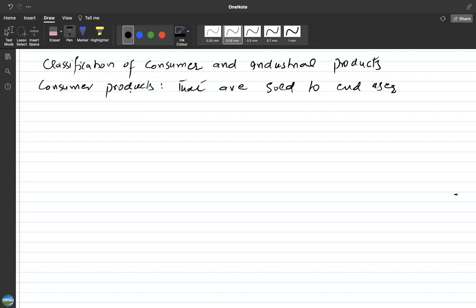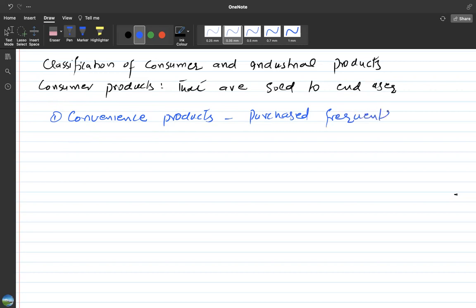Consumer products can be classified into many parts. For example, convenience products. Convenience products are those products that are purchased frequently, like fast moving consumer goods, often bought on impulsive buying techniques and sold to larger target markets.